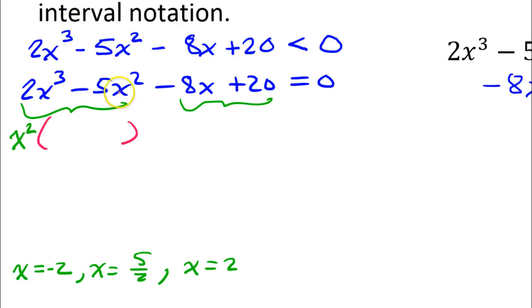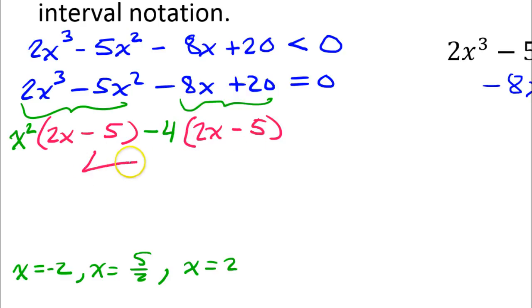Now if I divide both of these by x squared, I'm going to get 2x, and then I'll just get the -5. Now on the second pair, I've got the negative, so I have to deal with that. But other than that, the common factor here is 4. So I will bring out a -4. If I divide each term by -4, I'm going to get 2x minus 5.